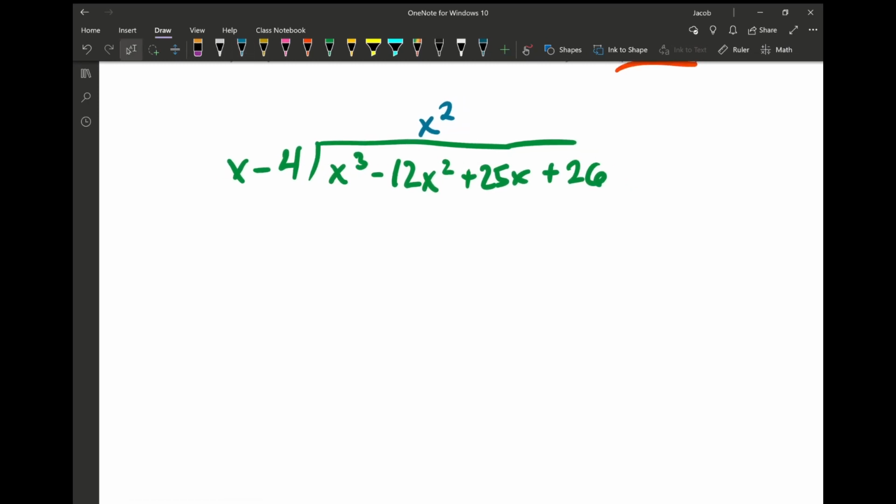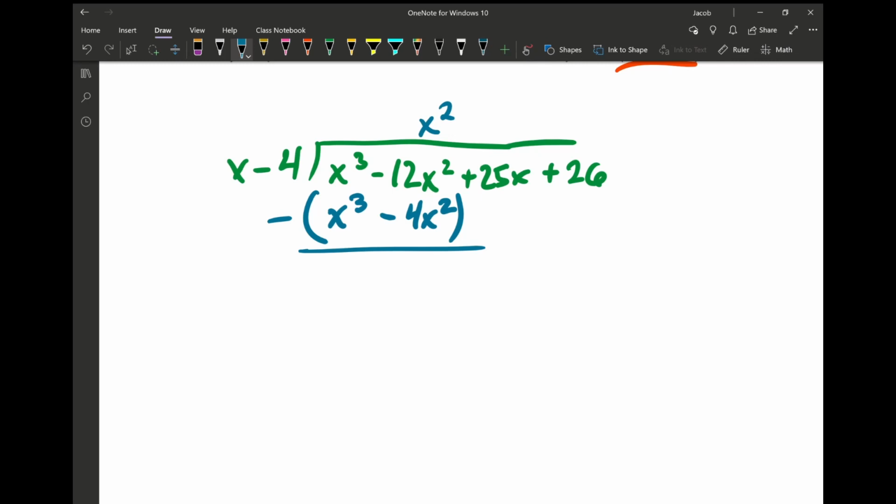So x squared times x minus 4 is going to be x cubed, as it should be, minus 4x squared. And I know I have chosen the correct answer because the result, when I multiply x squared by x minus 4, is going to get rid of my x cubed, and I'll have a new x squared polynomial to divide.